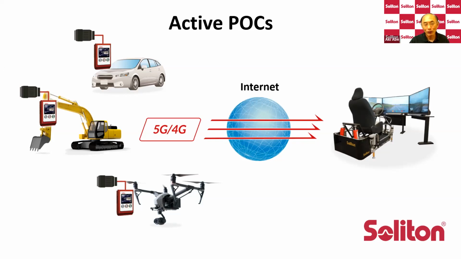We can show this later. Also, if you have a drone, and if that drone has enough payload, you can put our encoder and camera onto the drone. Again, that can send the picture, meaning a video, from the air to the remote control side.